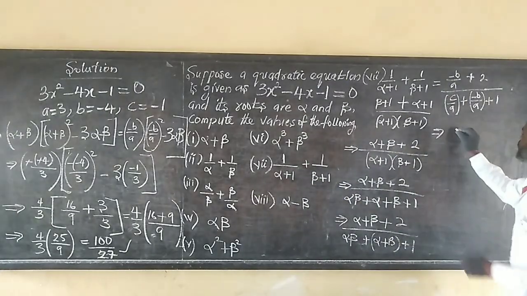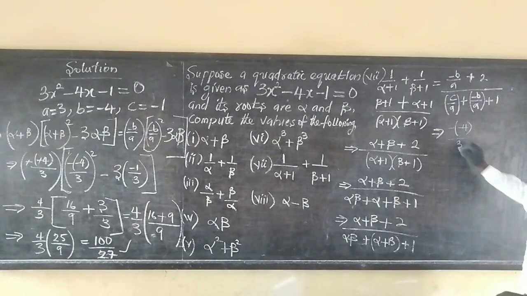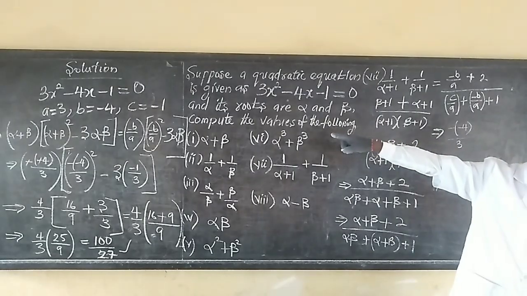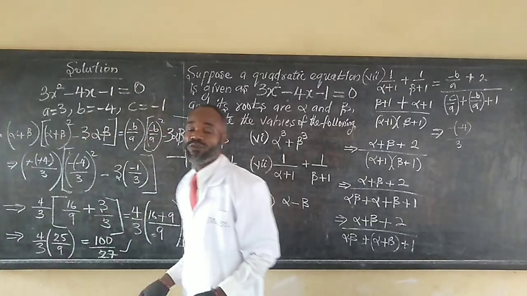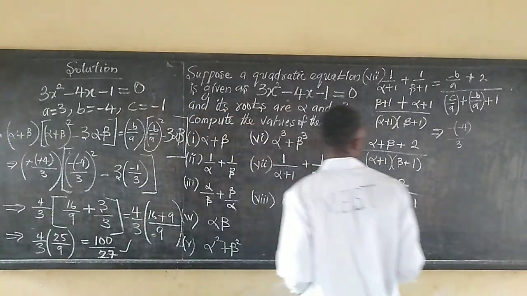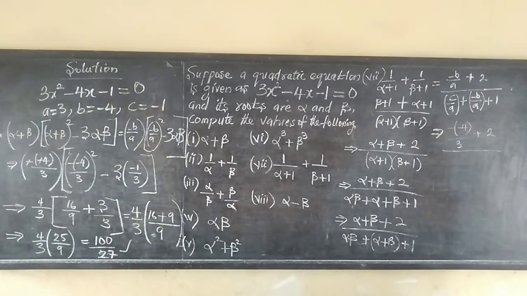For minus b, we put our minus first. Minus b is 4, alright? 3a is 3, okay, as we have it there. You can see b is minus 4, a is equal to 3, c is minus 1. We continue that way. We retain our 2 here, and then we move on again.